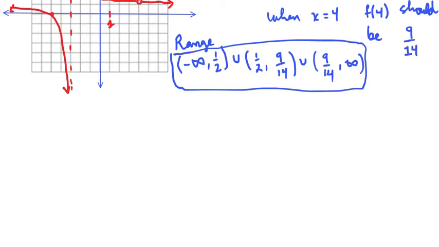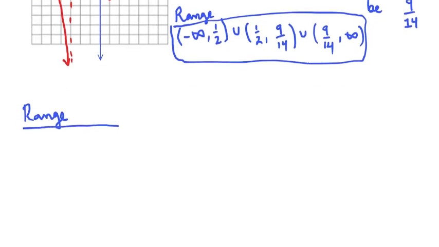I want to clarify that finding a range right now, we don't know all the methods yet, but we do know enough to apply some of them. So the first thing, and I'm going to put a big star here: always start with a graph. Always start with a graph.